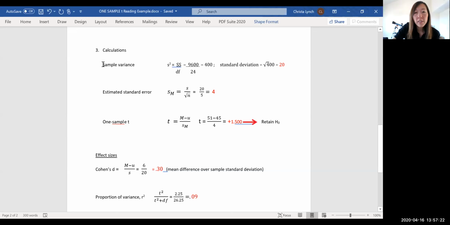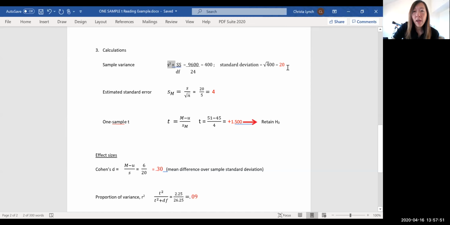Sample variance is the standard deviation squared. The actual formula is sum of squares over the degrees of freedom. In our case, 9,600 over 24, and we're going to get 400.